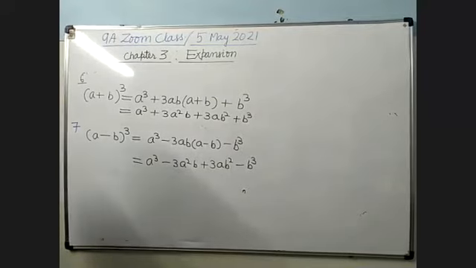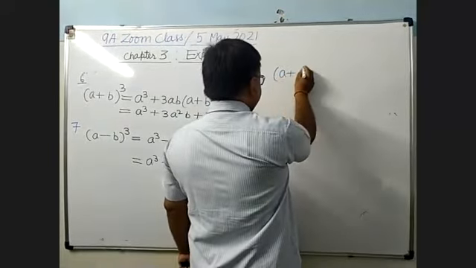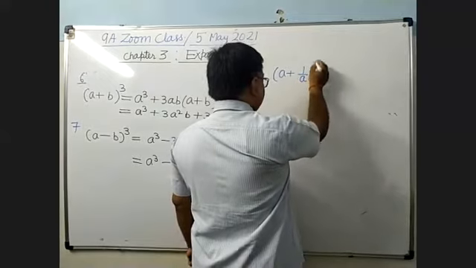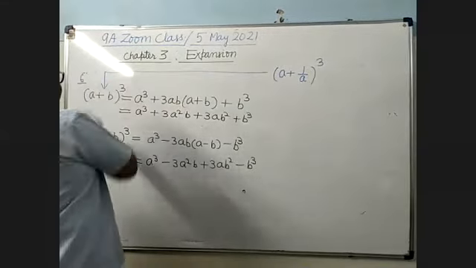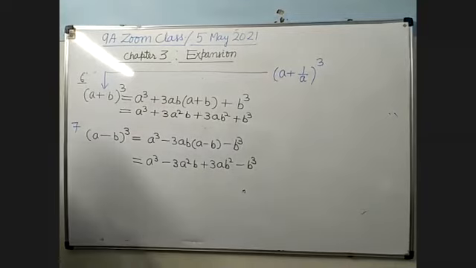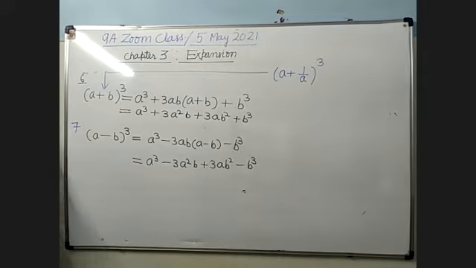Suppose you have to find expansion of a plus 1 upon a whole cube. You compare this with this, whether it is like that or not. It is like that.